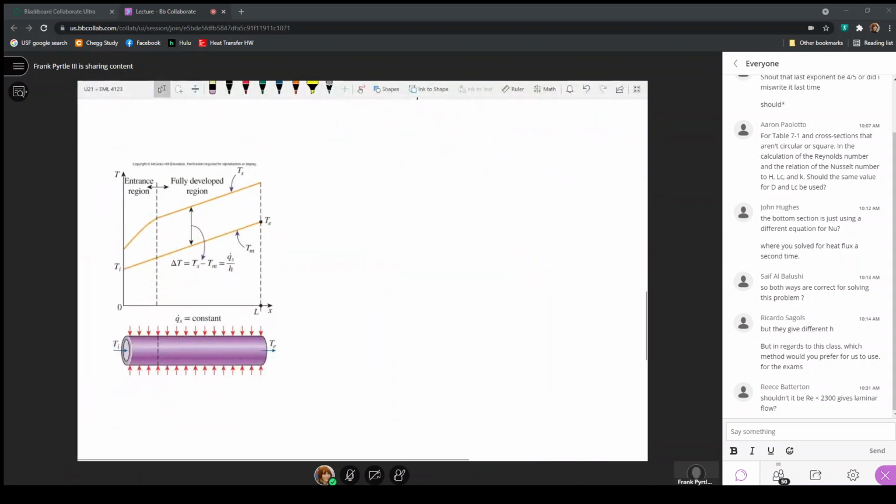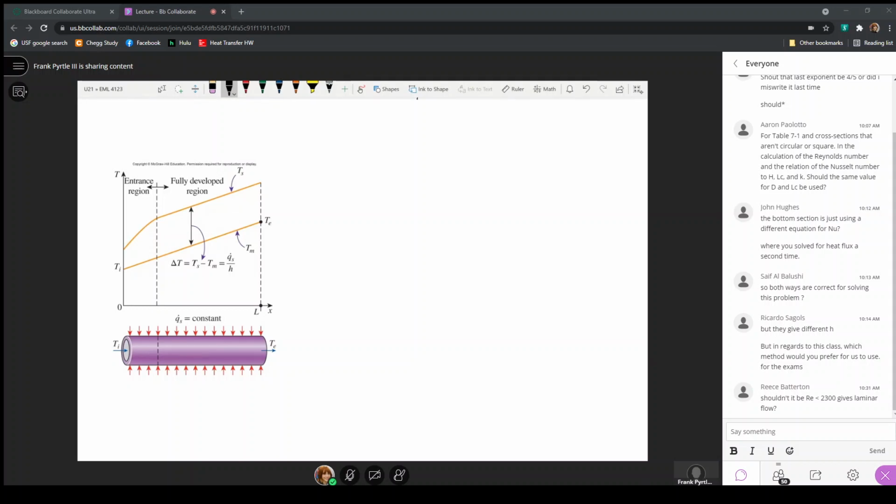So here, imagine a pipe with an inlet and an exit, and we apply a heat flux. Now, this applied heat flux can be by, let's say, an electric resistance blanket or by a constant radiation flux, but by some means, we're providing a constant heat flux on the outside of this pipe.